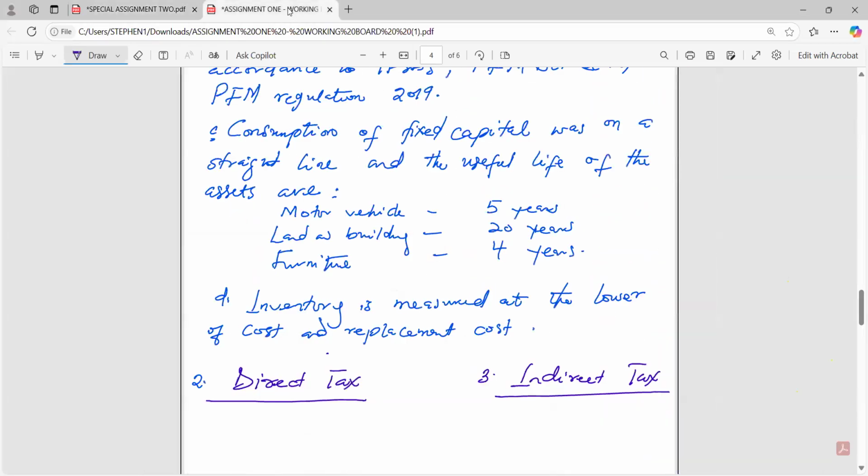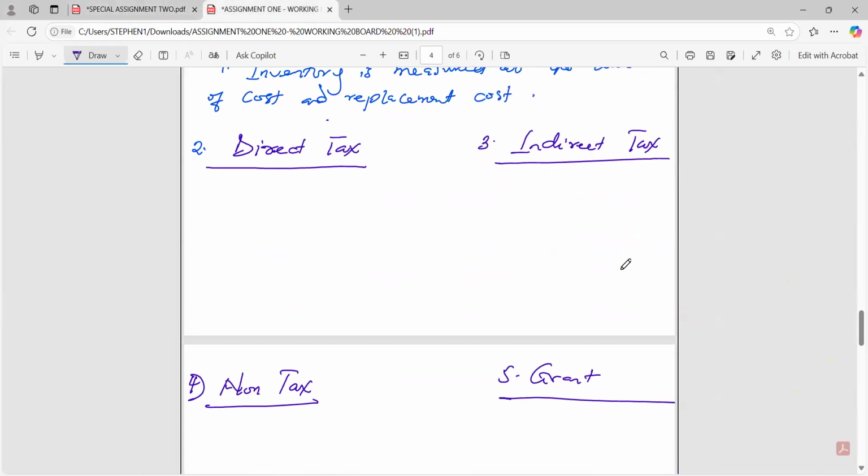Let's quickly post them. So when you come here, quickly come and post them. Can you see that? Quickly. So we have corporate tax, 32,000. We have personal income tax, 21,000.